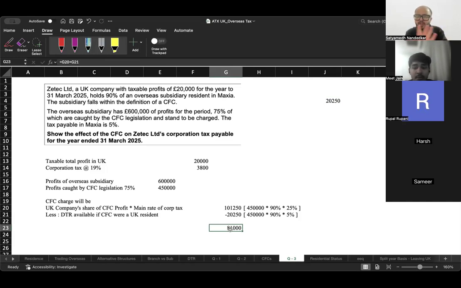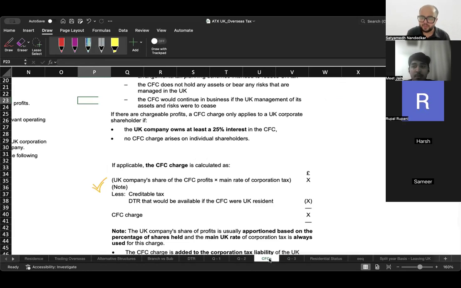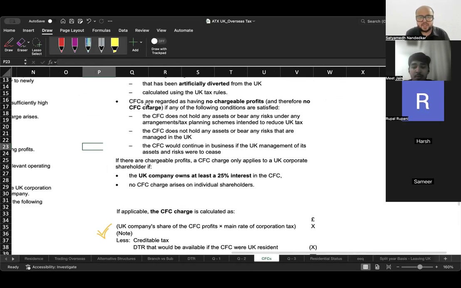सीएफसी चार्ज कैलकुलेट करने के क्वेश्चंस कम हैं, बट सीएफसी चार्ज एप्लीकेबल है कि नहीं उसके क्वेश्चंस हैव बीन टेस्टेड मोर फ्रीक्वेंटली इन द पेपर. ठीक है. CFCs are regarded as having no chargeable profits if any of the following conditions are satisfied. The CFC does not hold any assets or bear any risk under any arrangements or tax planning schemes intended to reduce UK tax. What does this mean? This means that the CFC has not been created with an intention to reduce the burden of tax in the UK.